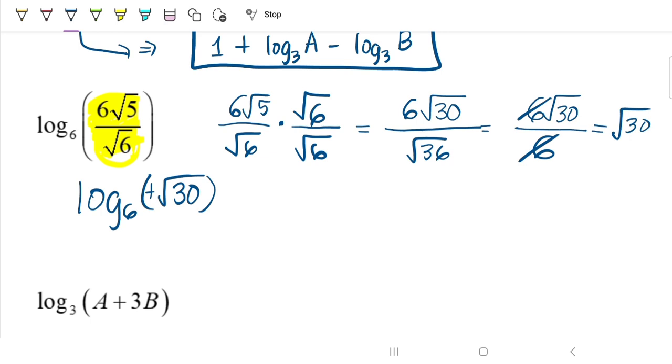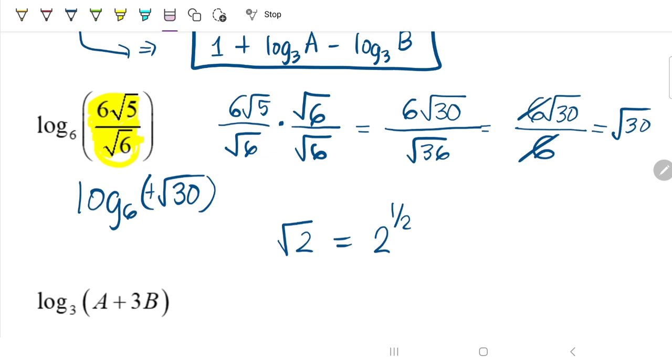Okay? So remember, if we have a square root, we can rewrite this as a term with a fraction exponent. Okay? So remember last time we said that square root of 2 is just equal to 2 raised to 1 half. Okay?